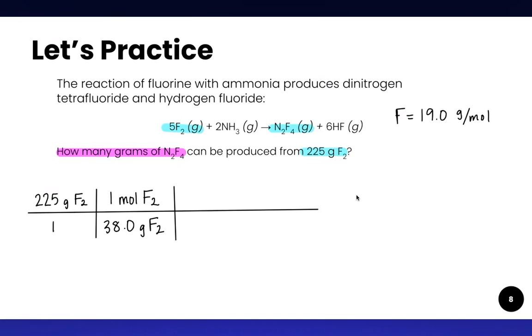So for every 5 moles of fluorine gas, you can produce 1 mole of dinitrogen tetrafluoride. And our final step will be to convert dinitrogen tetrafluoride into grams, because that is what the question is asking.